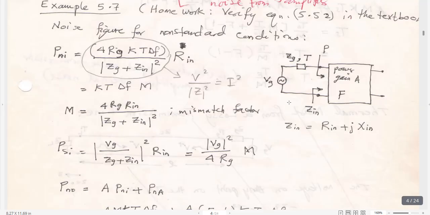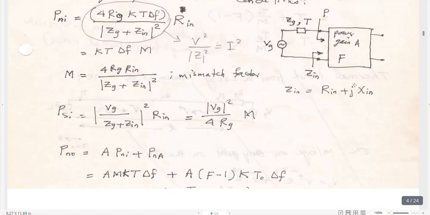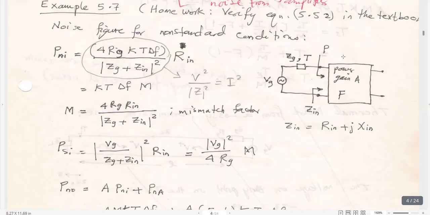Here we consider the mismatched case. We have V generator, Z generator, the internal impedance, at temperature T, and we consider the amplifier to be at a different temperature T naught.